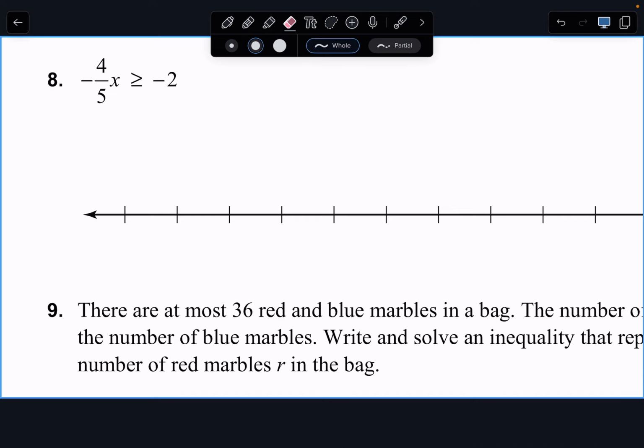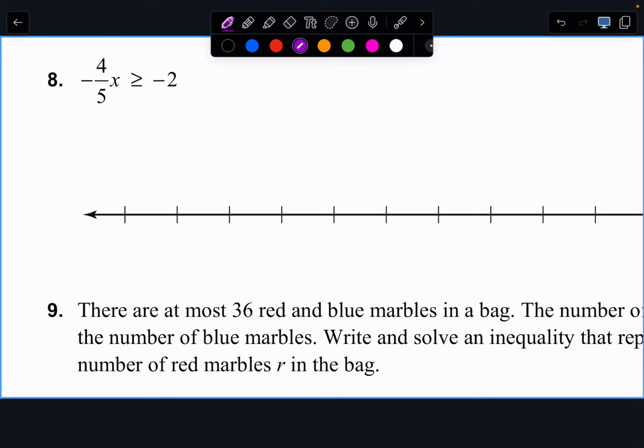I'm sorry. Okay. How do I get x by itself? What do you do? Simplify. Avery, what do we do to both sides? Multiply by the reciprocal.